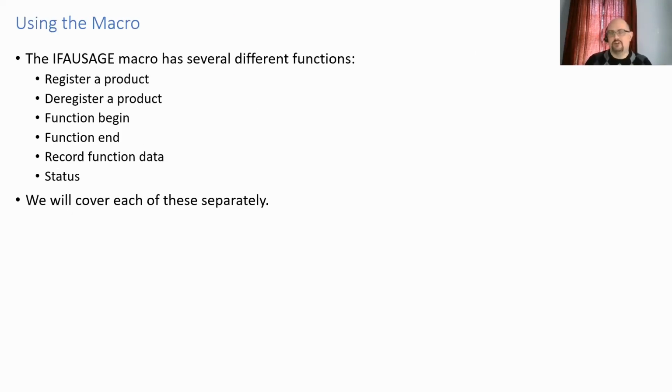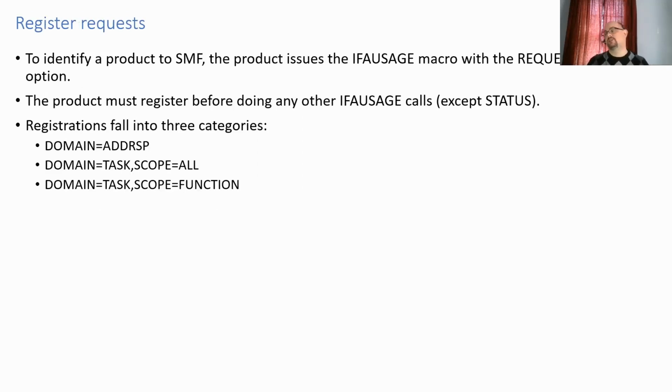There's several different functions. There's actually 6 of them. We're going to talk about each of them individually. So I'm just going to go ahead into the first one, which is something called register a product. To identify the product to SMF, the product issues this IFAUSAGE macro with the REQUEST=REGISTER option. And this is the first service that has to be done.